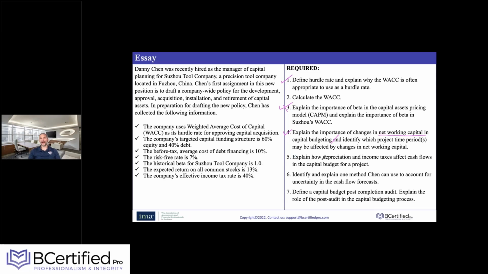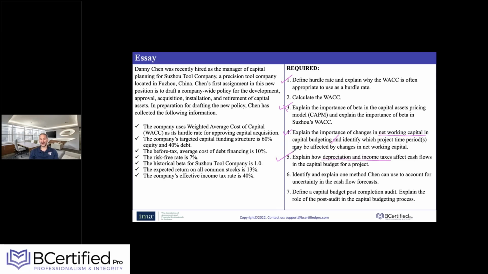Number 5, explain how depreciation and income tax affect cash flow and the capital budgeting of a project. We just did that in one of the multiple choice questions. Depreciation, although it's considered a non-cash item, reduces our taxes since it is a tax deductible item.